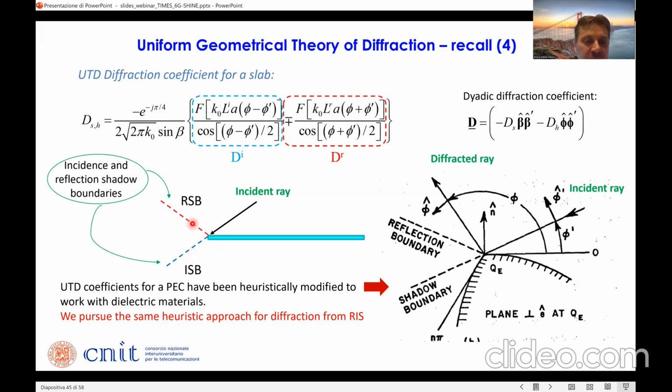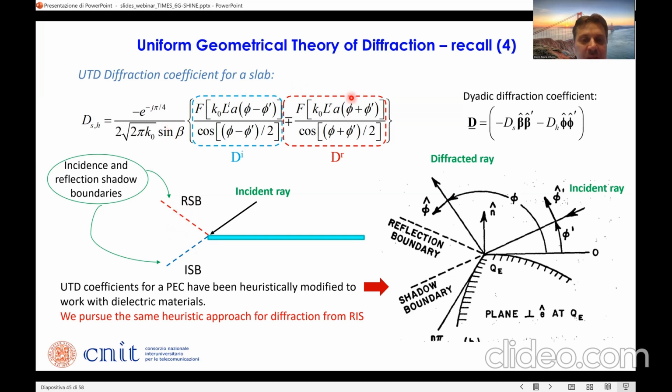The same happens for reflection. So we have specular reflection, and when we approach the edge at a certain point, the reflection disappears, and when we go beyond this direction, called reflection shadow boundary, RSB, again the diffraction compensates for this transition, and we have a smooth behavior of the field.